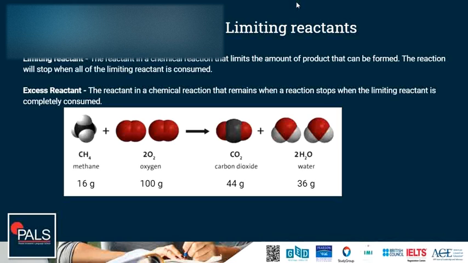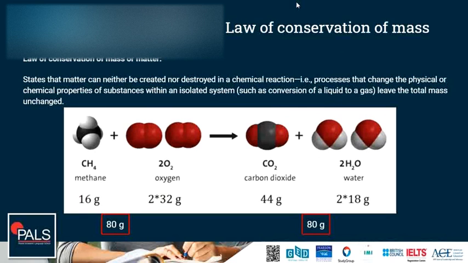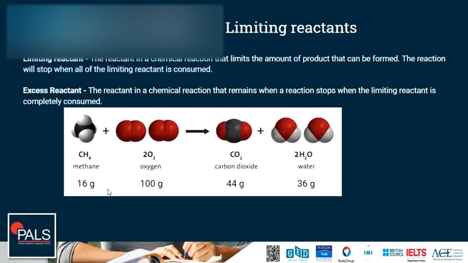So, what are limiting reactants and what are reactants in excess? In the laboratory, if we go back to the previous example, very often we don't match exactly the masses of the reactants. Very often we have a lot more of one of the reactants than we actually need. And that means that of the other reactant we have less than we need to react all of the reactant of which we have too much.